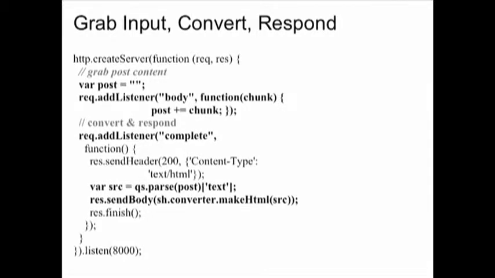Because of the way Node.js works, it's asynchronous, so we add a listener that when new body content arrives, we add it to the post variable. And then we also add an event listener that when it's complete, we do the work and respond.